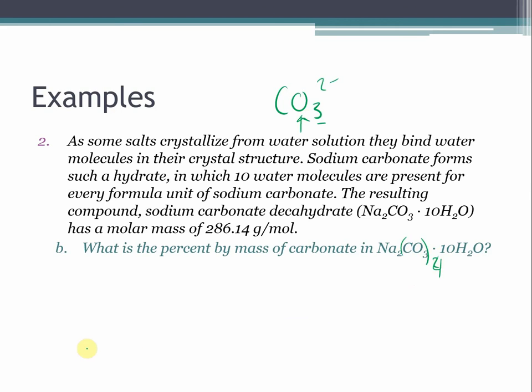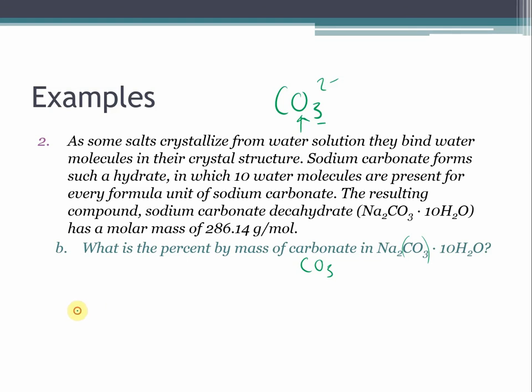Since there are no parentheses, since there's no number that comes after the 3, we know that there's in fact just the 1 carbonate. So to find our percent by mass of carbonate, CO3, we will take the total mass of carbonate in this compound, which is just the 1 carbonate.